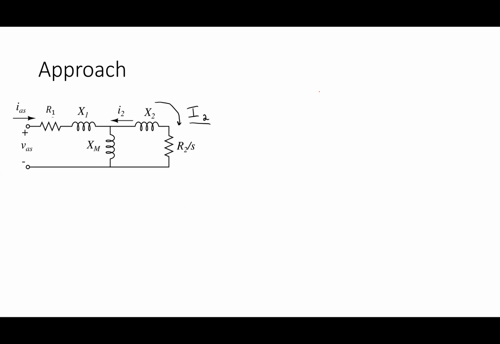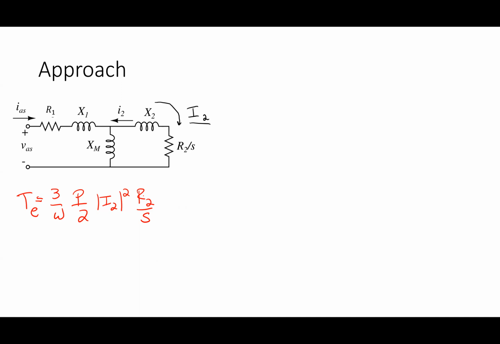If I'm looking at this and I want to figure out what the torque production is going to be, the electrical torque is supposedly 3 over omega times P over 2 times I2 squared times R2 over S. If I asked you to plot the torque versus the slip or versus the speed, how would you do that?